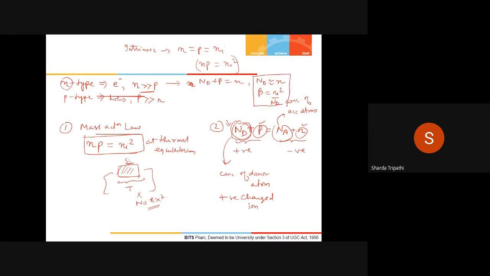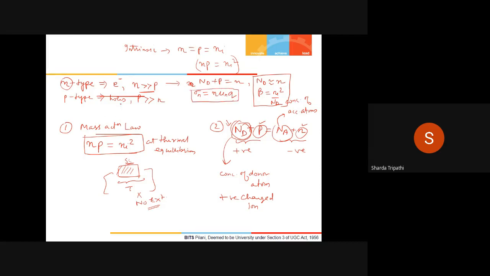So these are the two things that can be useful while solving the questions. If I talk about the conductivity for N type of semiconductor, what will be the conductivity? Sigma N. This will be only due to the presence of the electron. So we can write this as N into mu N into Q.